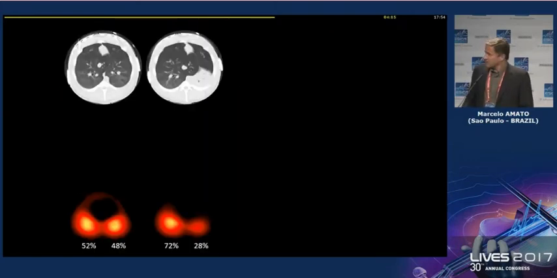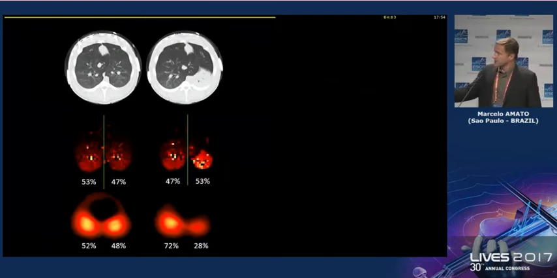Something interesting is that we tried to assess this by CT perfusion. And at first, when we measured this, we got this bright signal here in the atelectatic zone, and we said, wow, maybe this is an artifact of EIT. But then we realized that there is a big difference here. CT is measuring a thin slice, and EIT is measuring a thick slice. So, in fact, with EIT we are measuring the perfusion of the whole left lung.